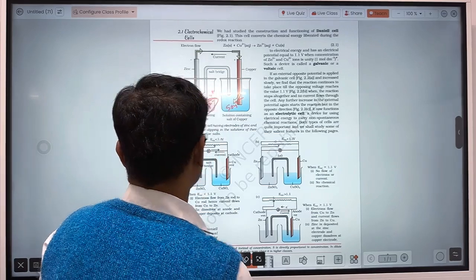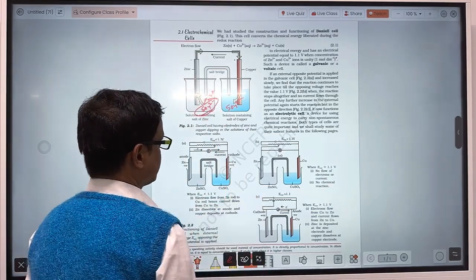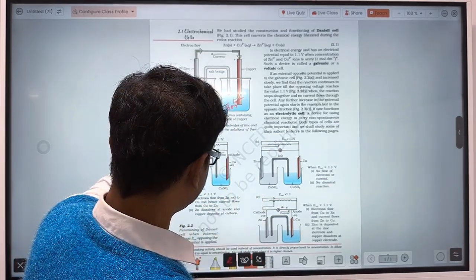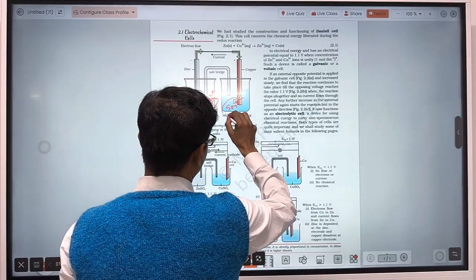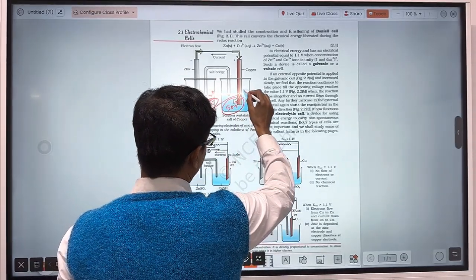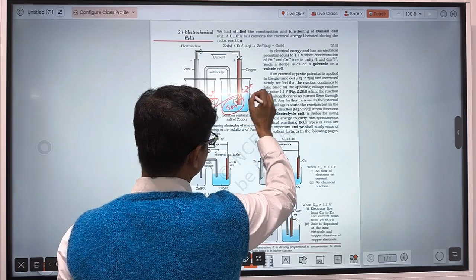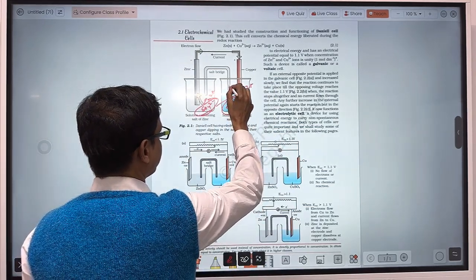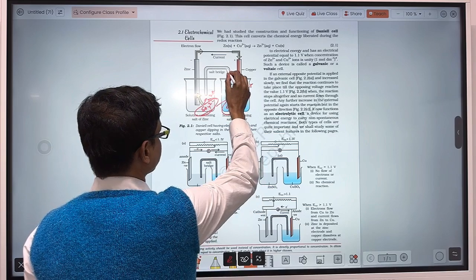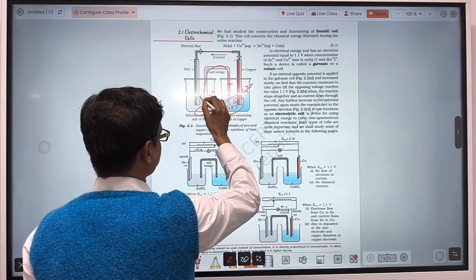The relative number of sulfate ions with respect to cations will be more here. So this sulfate ion will enter through the salt bridge and come to this solution.